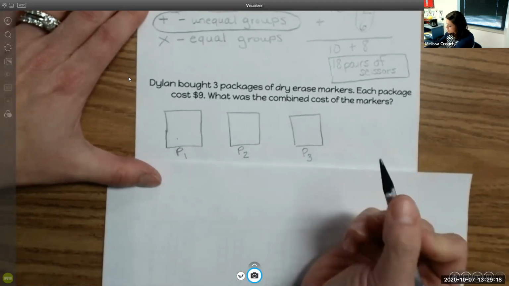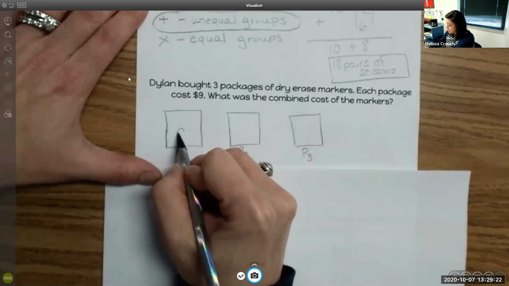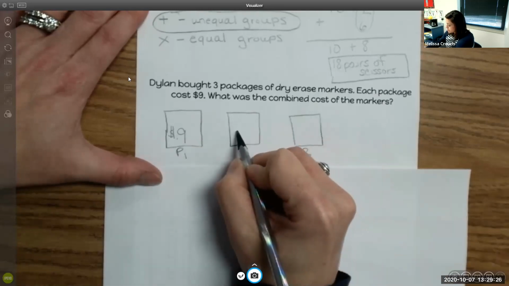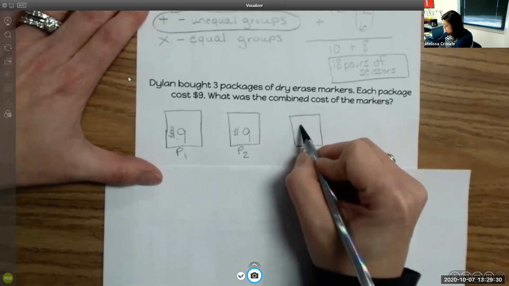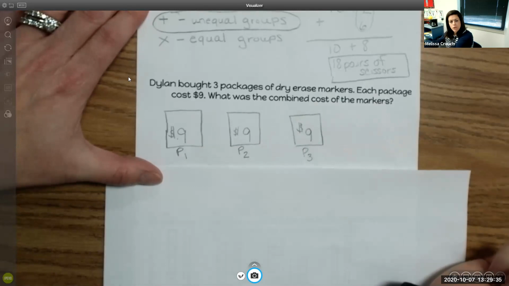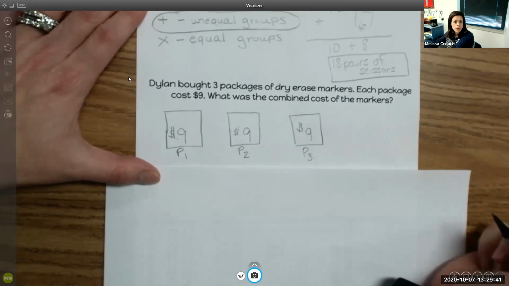All right, so $9. This one costs $9. This one costs $9. And this one costs $9. Okay. What was the combined cost of the markers? So are we putting those costs together? Yeah, we're going to put them together.